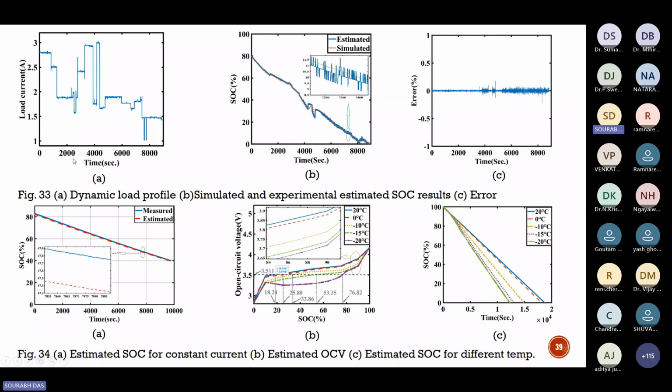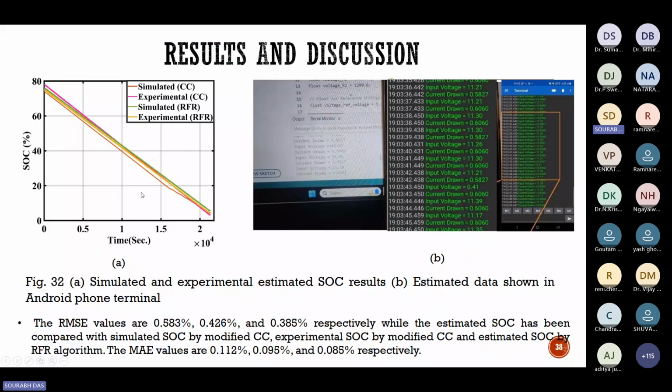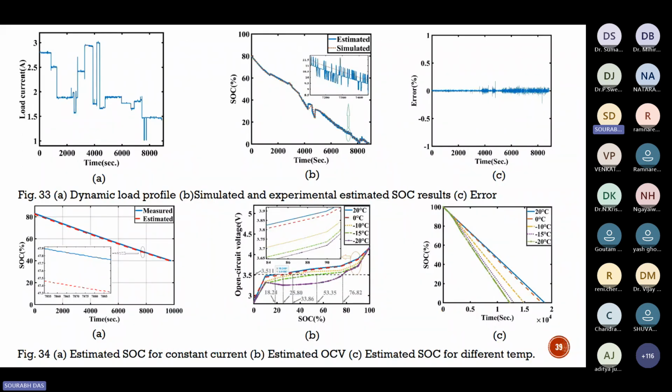This was done for the constant current load, using a resistive load, by varying the knob of the rheostat, so we can get this type of load current. This is a dynamic load current, and we can get these 33B SOC results.